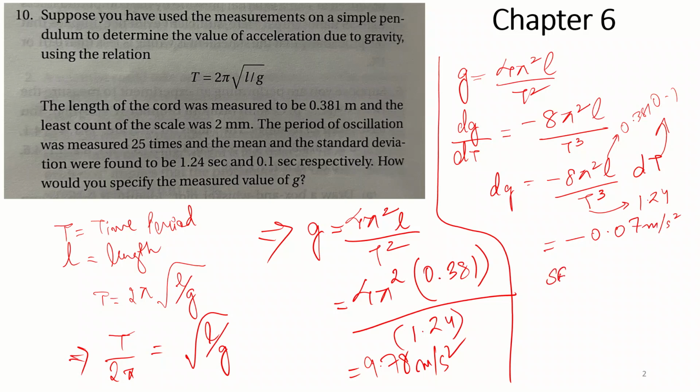So standard error is equal to standard deviation divided by the square root of the number of observations. Here you divide this value by 25.